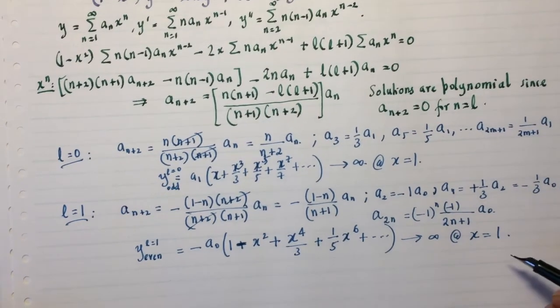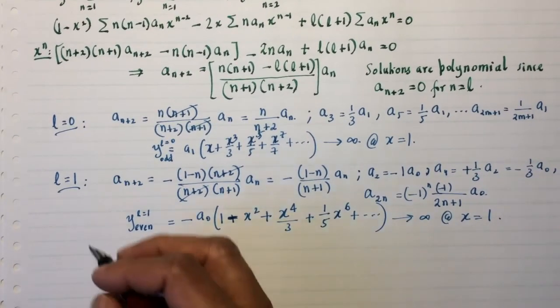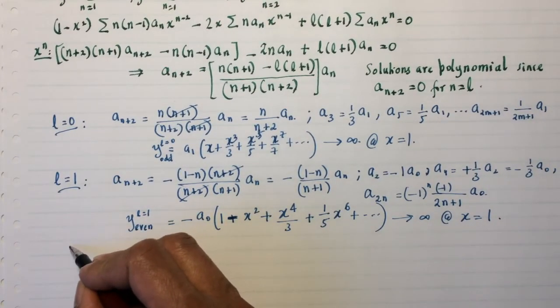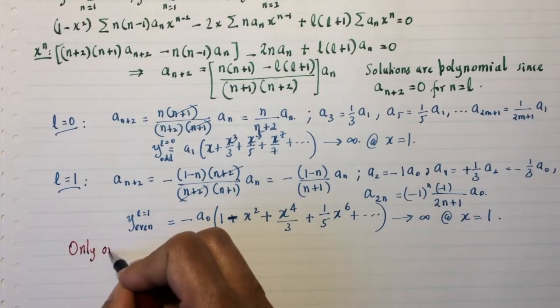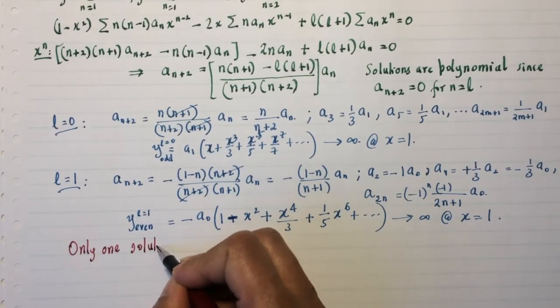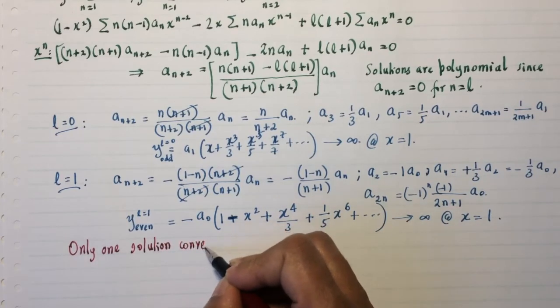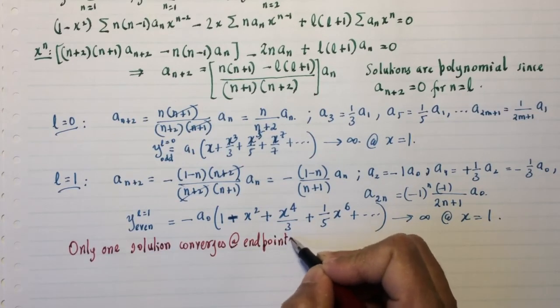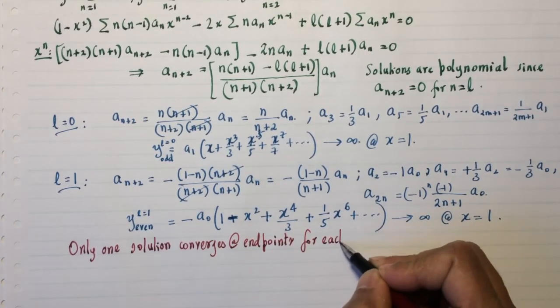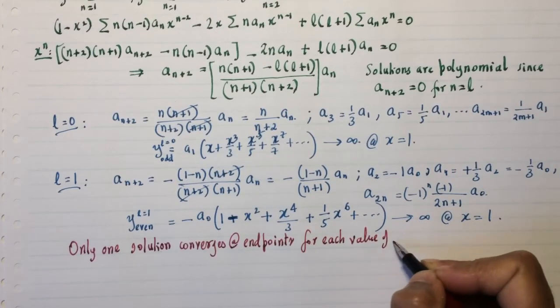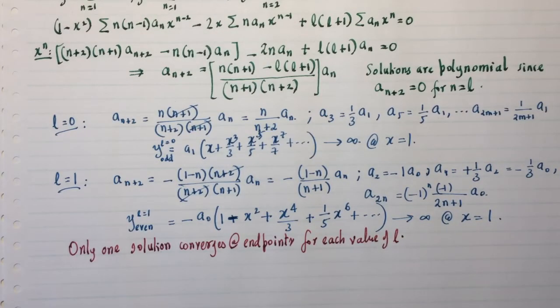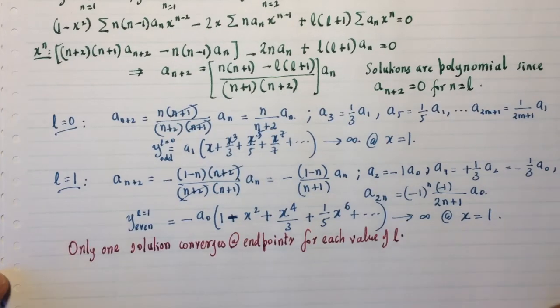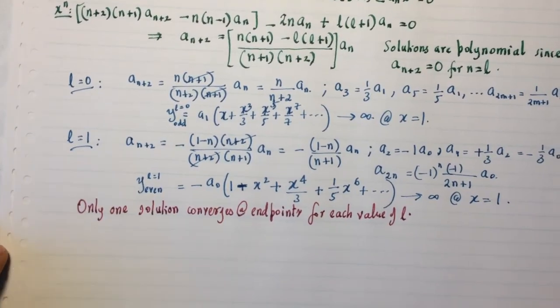In a later video, I'll show you the second solution can be got using the Bernoulli technique we learned in previous videos. So only one solution converges at the endpoints for each value of L. These solutions, as I said, are called Legendre polynomials, and the Legendre polynomials can be given in terms of an actual formula.